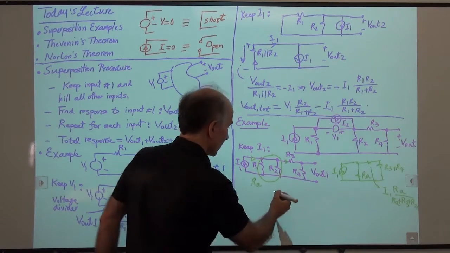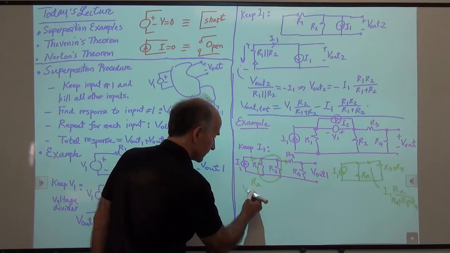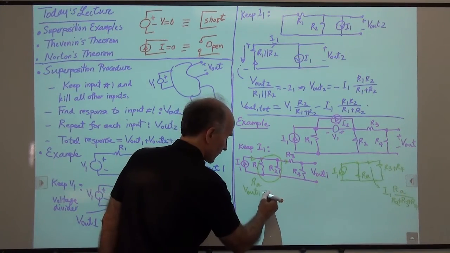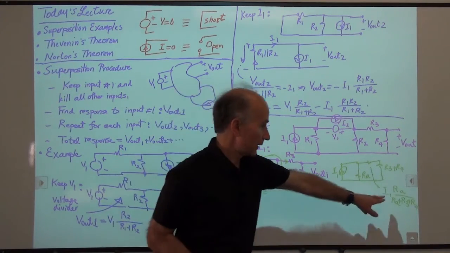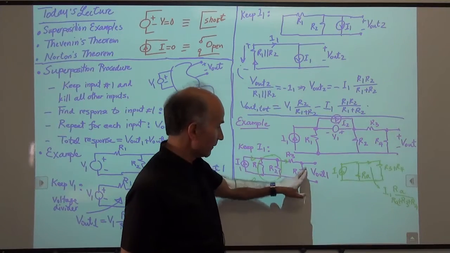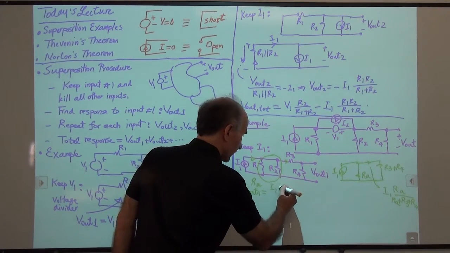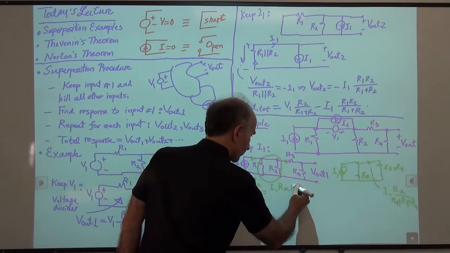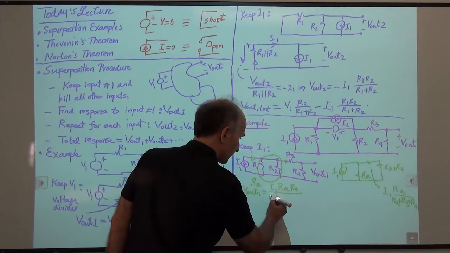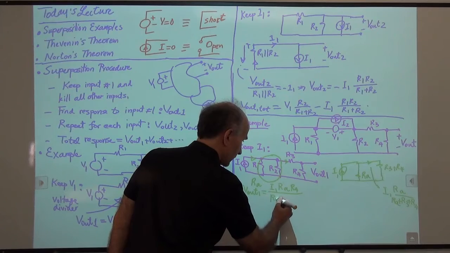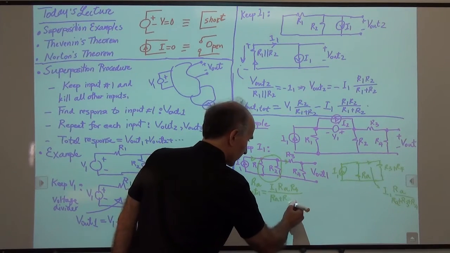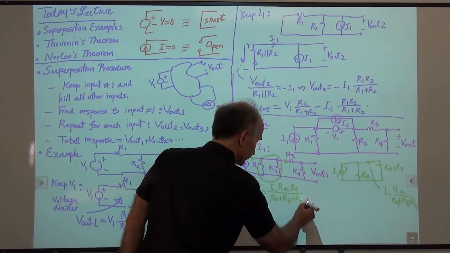So I can say that Vout1 is simply equal to the current that I just found multiplied by R4. So it's I1 times RA times R4 divided by RA plus R3 plus R4.